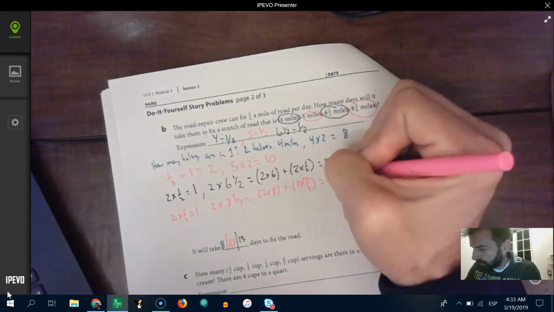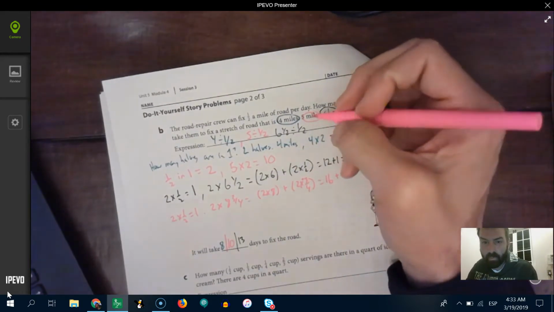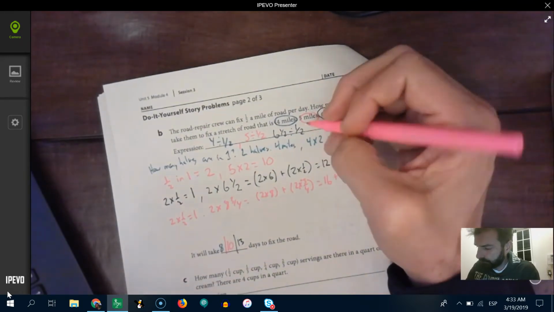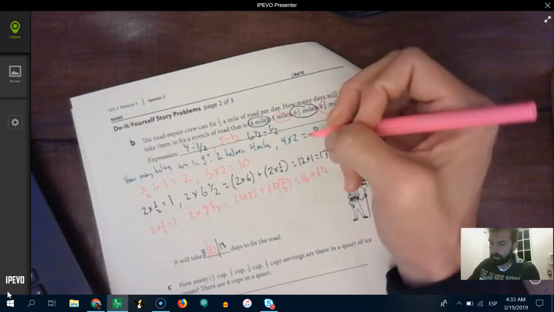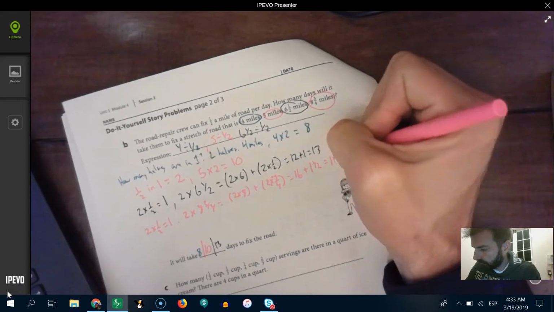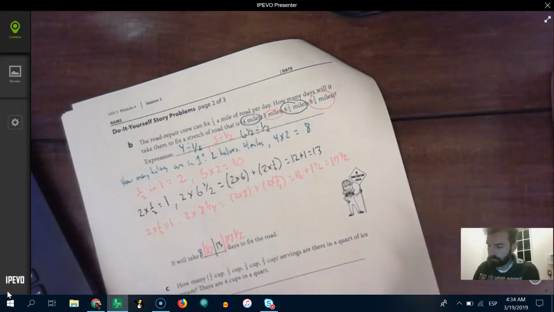That's going to give me 16 plus 6/4, which is what, 1.5? Yep. So that's going to give me 17.5 days.